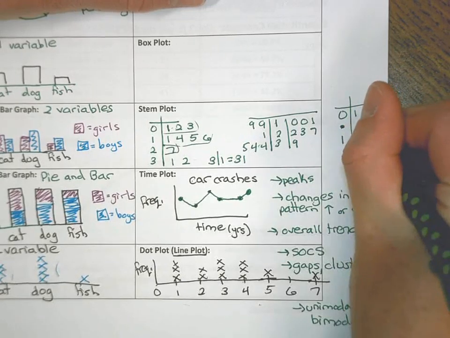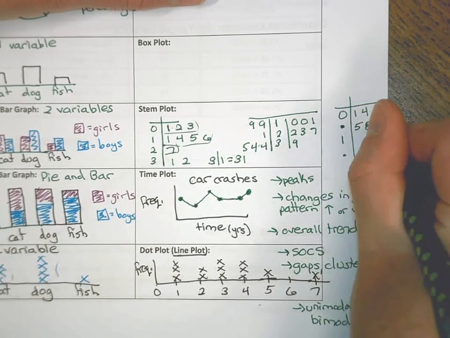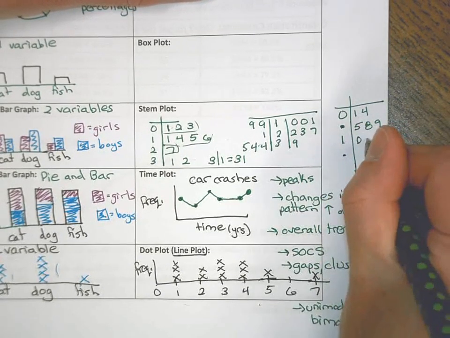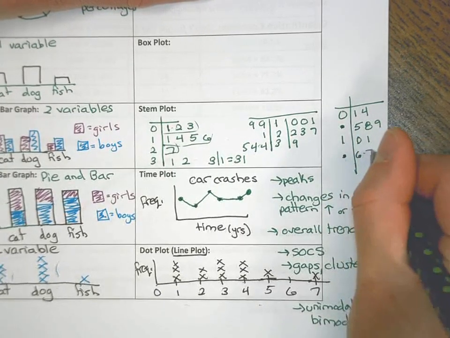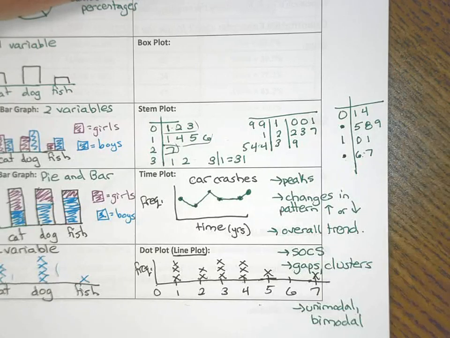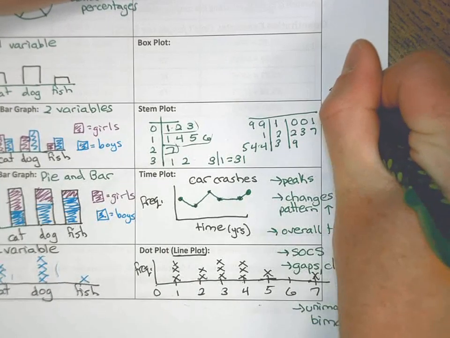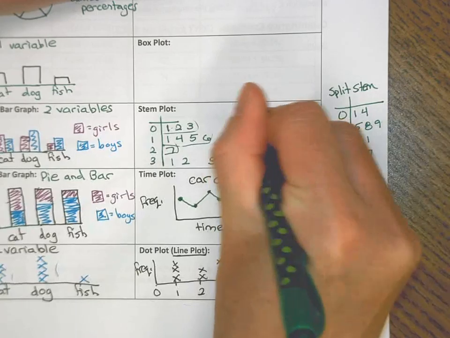So maybe 1 and a 4, and then I could have a 5 and an 8 and a 9. And then this one down here would be like a 10, 11, and then if I wanted 16 and 17, they'd be down there. So you're basically counting by fives. It's just a really strange way to look at it. I doubt you would be expected to make one, probably just asked to describe what's going on in one. So this was called split stem. This one here was back-to-back stem.